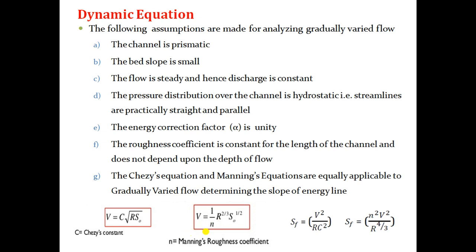So if V, Manning's roughness coefficient n and R are known, and in place of slope of bed of channel it is SF which is unknown, we can modify this equation and find the unknown slope of energy line. So these are the assumptions which we make in order to derive the dynamic equation for gradually varied flow.